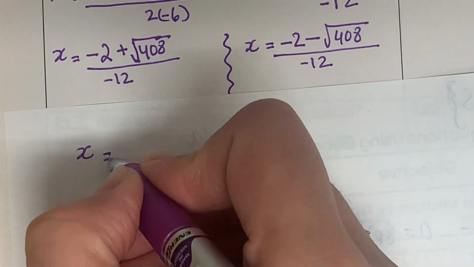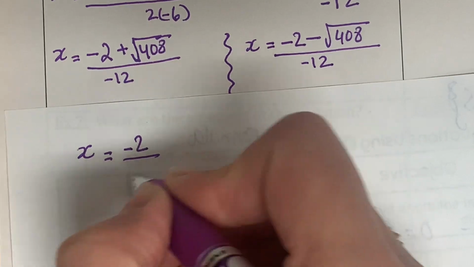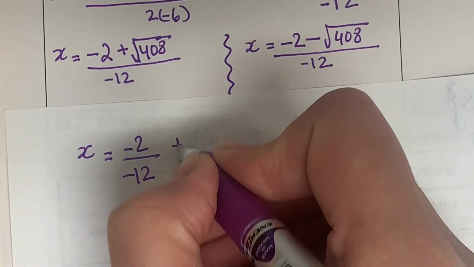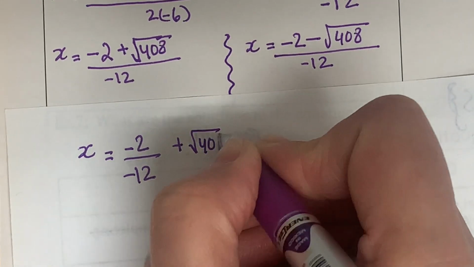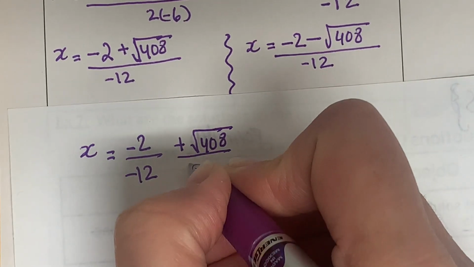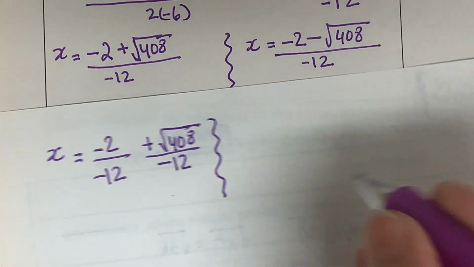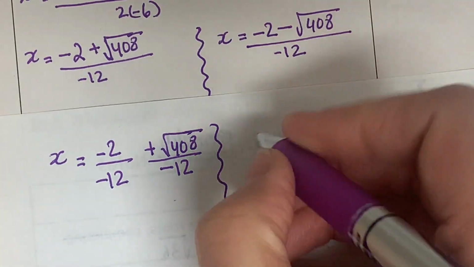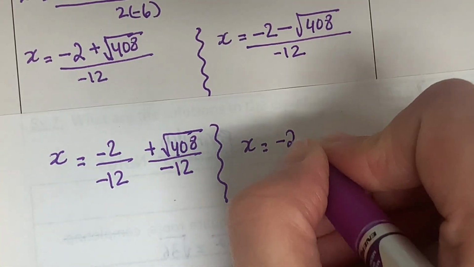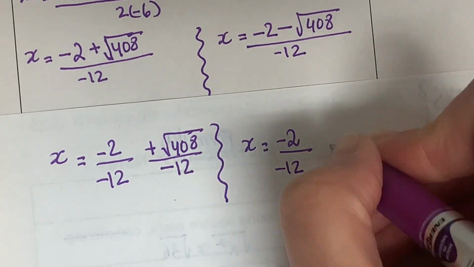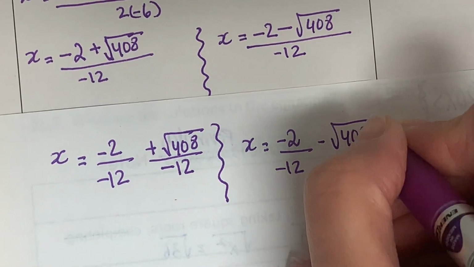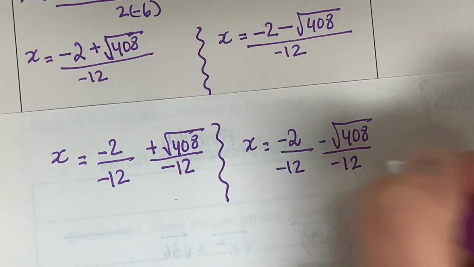So you have x equals negative 2 and split that negative 12 and put underneath both, and then plus square root 408 over negative 12. You're gonna write like that. You do the same for the other hand side. You have x equals negative 2 over negative 12 and then minus square root 408 over negative 12.